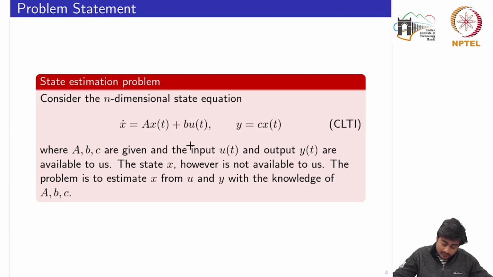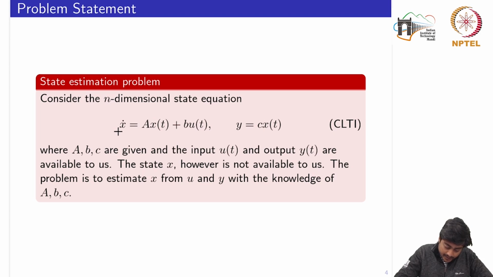The information available to us is that we know all the matrices and vectors A, B, C. Since U and Y are the external signals, we also have their knowledge. So the problem we need to solve is to estimate X from U and Y with the knowledge of A, B, C and U, Y. There is a standard procedure for doing this.